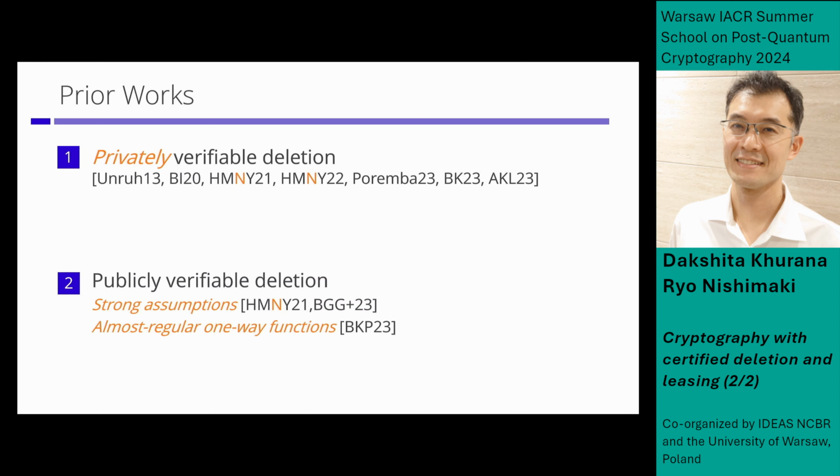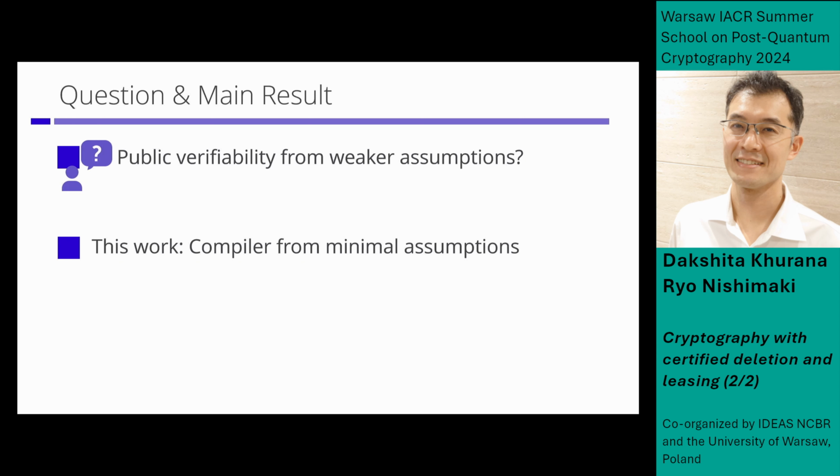We can achieve public verification using almost regular one-way functions, which is a very basic, weak assumption, but it's not perfect. We want to use just a standard one-way function, without assuming almost regularity. So the question is whether we can achieve public verifiability from a weak assumption.